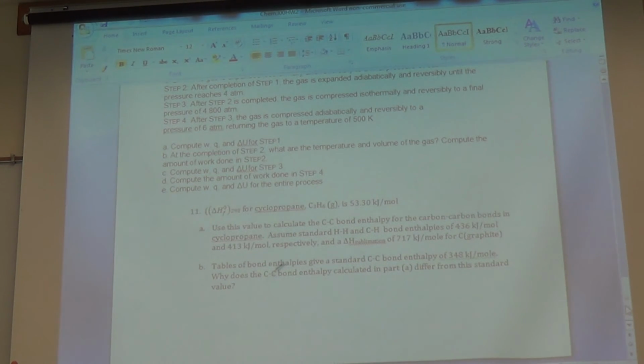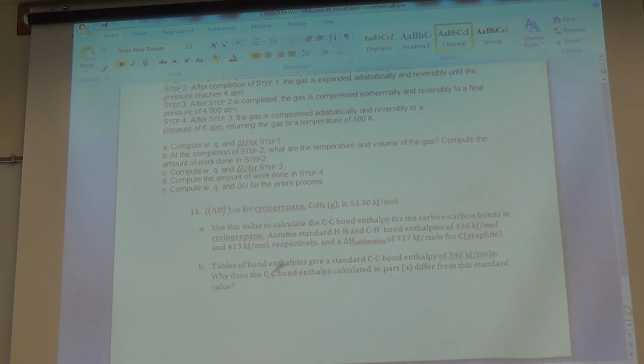So they tell you that the formation enthalpy of cyclopropane is 53.3 kilojoules per mole. So that means that when cyclopropane is formed from its elemental precursors, 53.3 kilojoules of energy are released, right? They ask you to use that value to calculate the carbon-carbon bond enthalpy for cyclopropane.